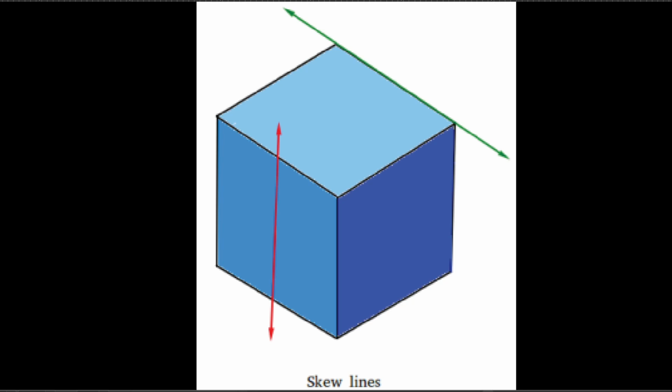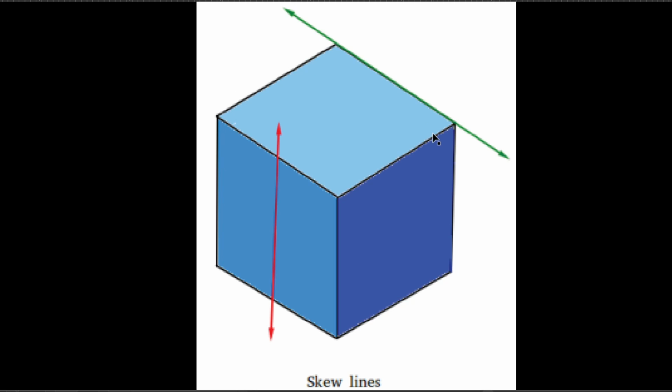Are not in the same plane. So if I can put a flat surface and contain both of those lines, then they're not skew. So skew lines look like this picture right here. This line going up and down, I could move that red over to this. It would be the same thing, wouldn't it? So this edge and this edge are skew.